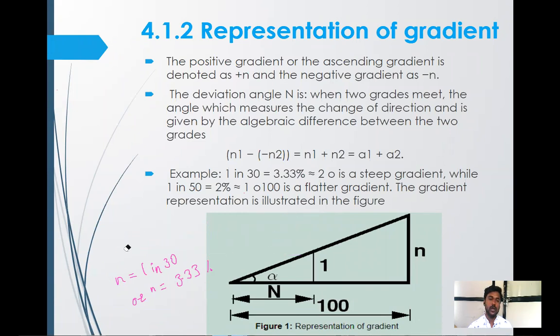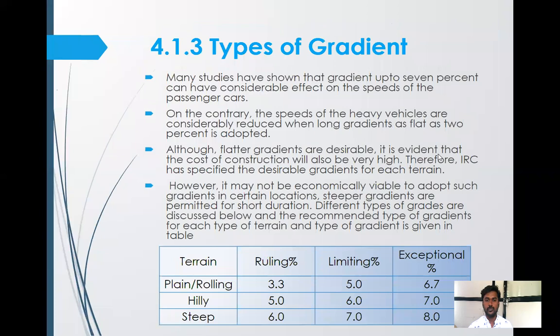Now you will see how much gradient should be provided on what kind of road. For different kinds of road, there are different types of gradient that we provide. See here, the types of gradients are given.